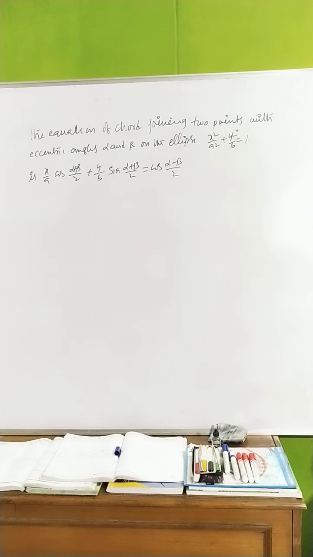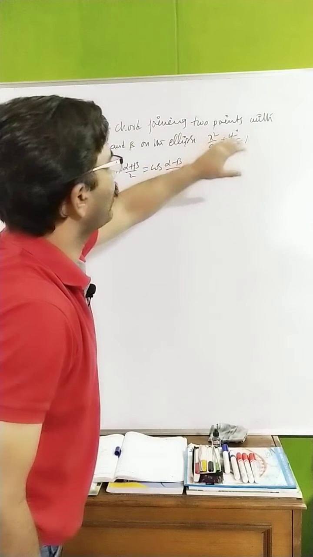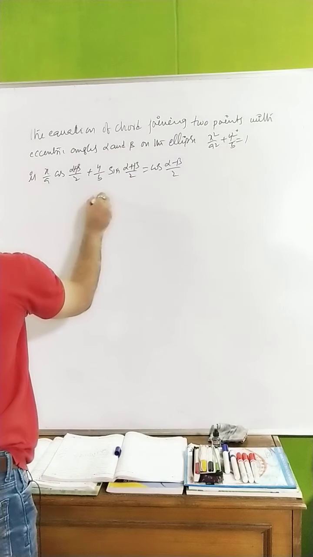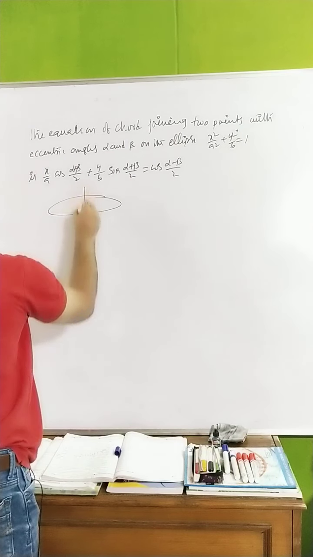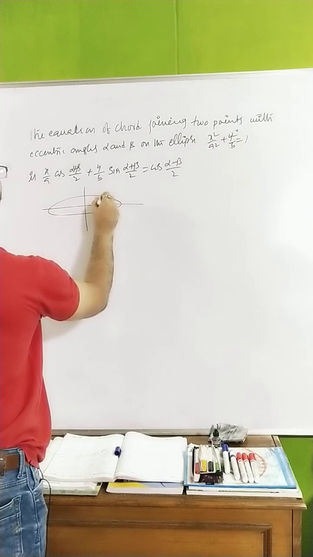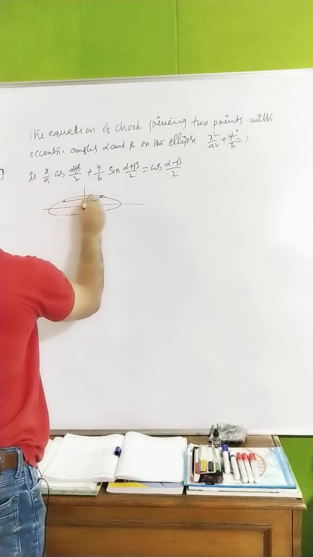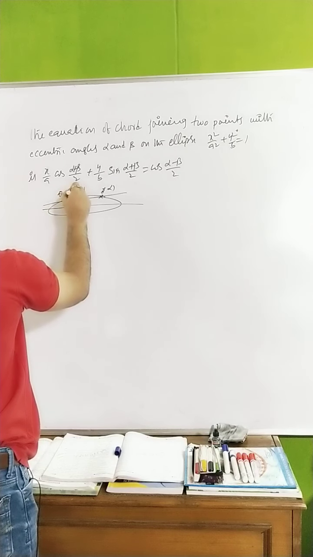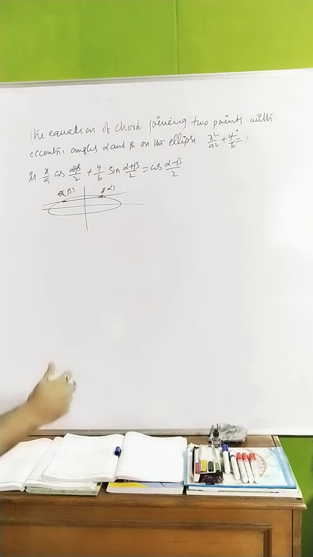You see here, the equation of the chord joining two points with eccentric angles alpha and beta. If you take an ellipse like this, you take two points wherever you want. I would like to take this one, P alpha and Q beta. What is the equation of the chord?